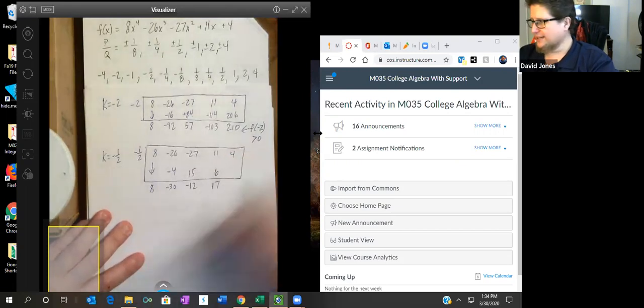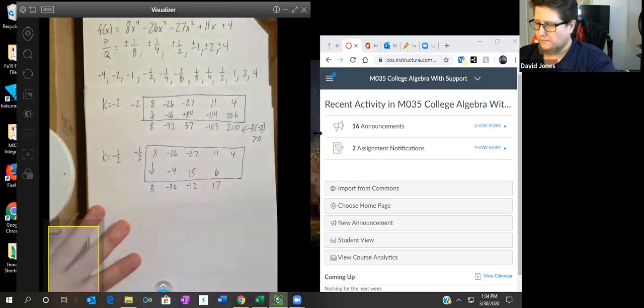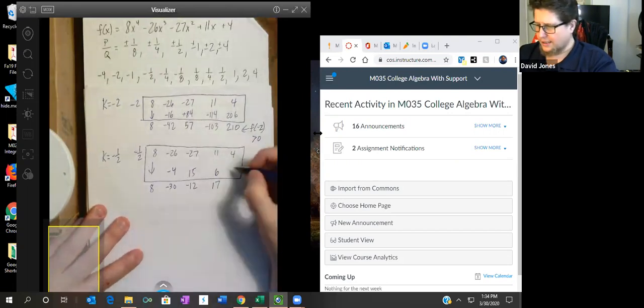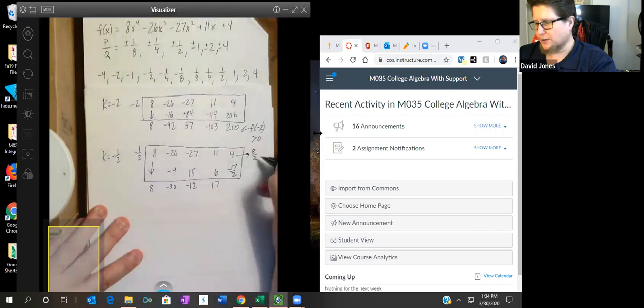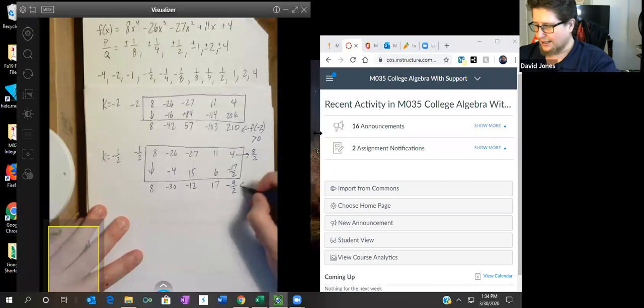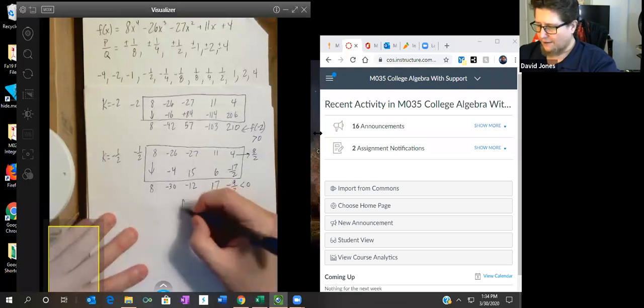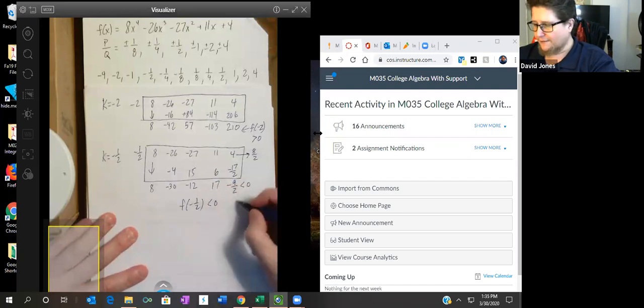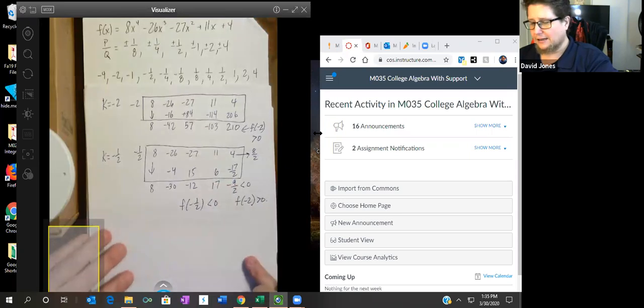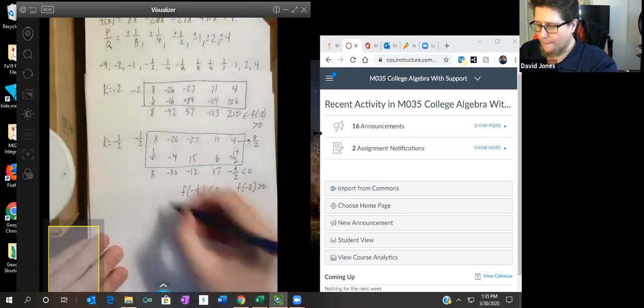Those add up to 17. So this is -17/2. 4 is 8/2. This adds up to -9/2, which is less than 0. So f of -1/2 is less than 0. F of -2 is greater than 0. F of -1 may work.